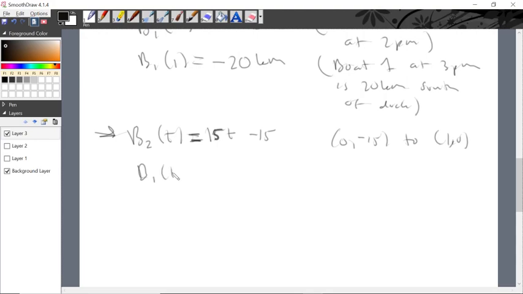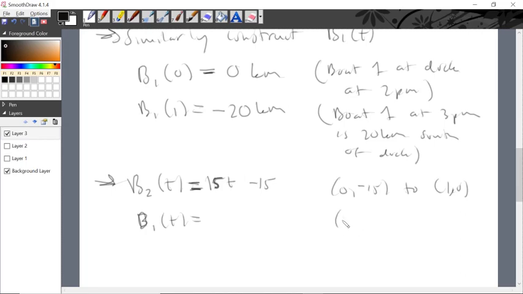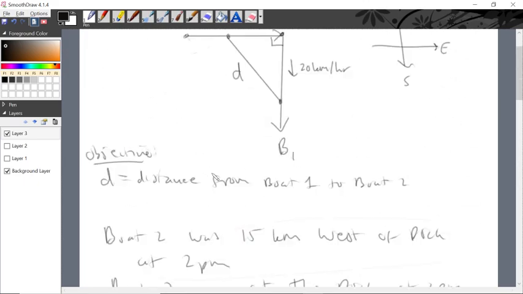And b1 of t is also linear. It goes through the points (0, 0) and (1, -20). So its y-intercept is 0, and its slope is y2 minus y1, which is -20, divided by x2 minus x1, so it's -20, so -20t. So here are two linear equations.